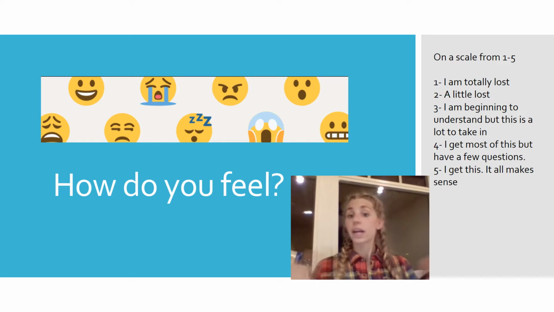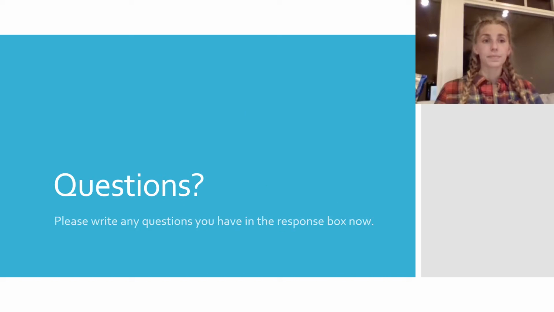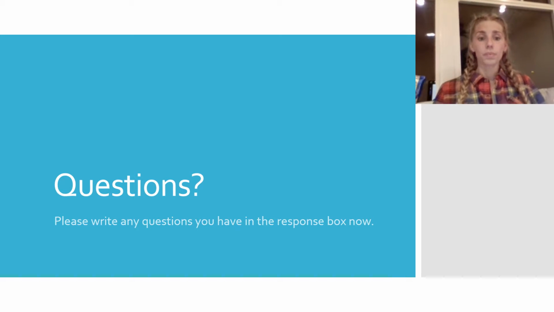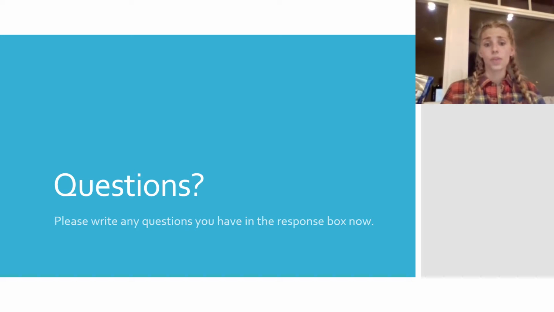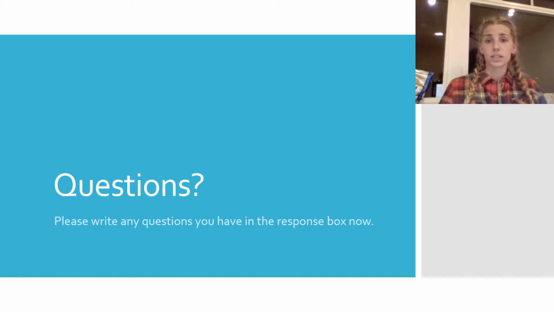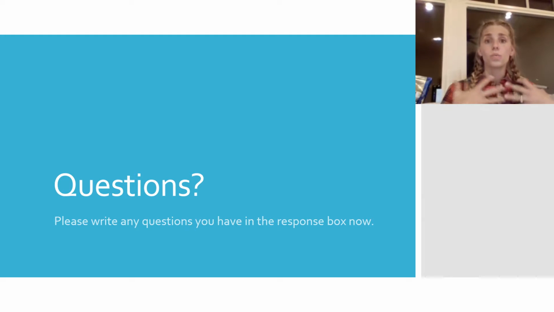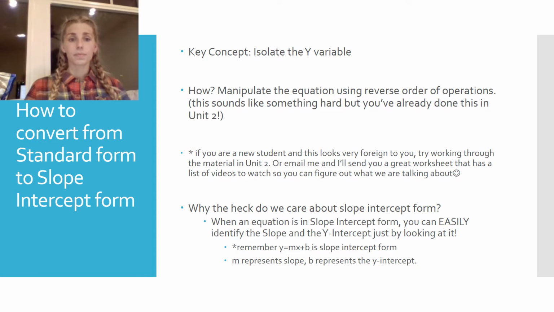Or 5, I get this, it all makes sense. Please write any questions down in the response boxes so that I know what you might be feeling right now and what questions you might have.